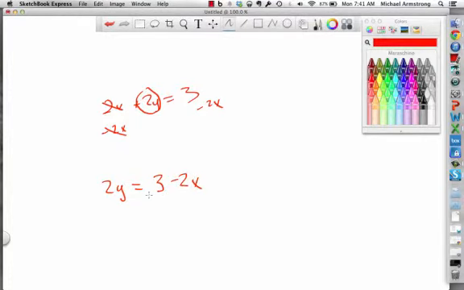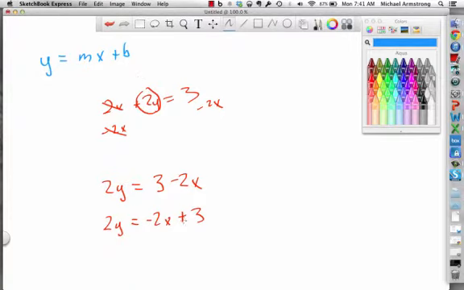Really, you should write that the other way so that it's 2y is equal to negative 2x plus 3. Because remember, our goal is this format, y equals mx plus b. So we need to get the y by itself on the left of the equal sign, and the x over here in the next term, followed by the b.